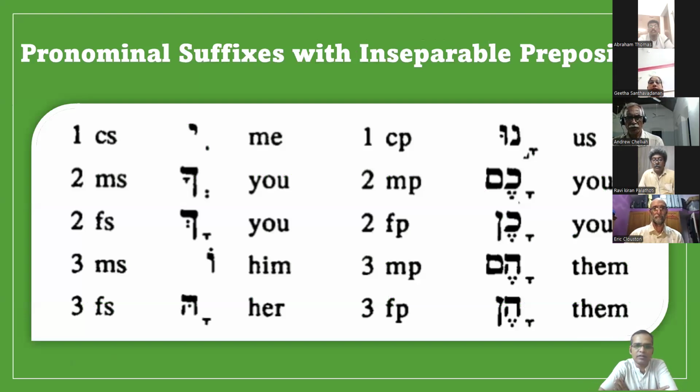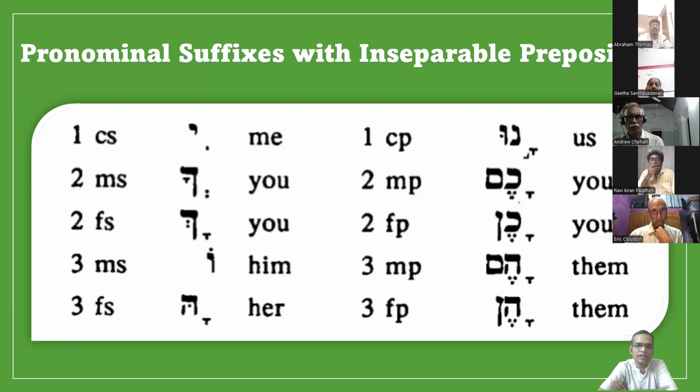Second masculine singular, shva, final kaf and qamets, meaning you. Second feminine singular, qamets, final kaf and silent shva, meaning you. And you know the purpose of the silent shva here: to differentiate between final kaf and final pe. Third masculine singular, holam vav, meaning him.